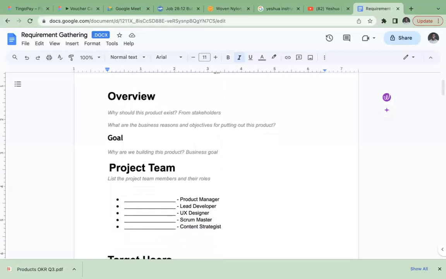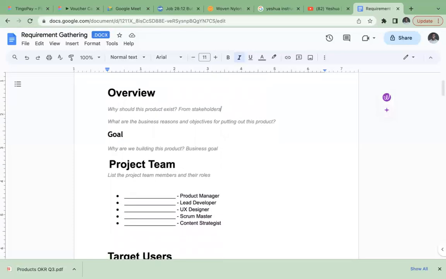Now, you will also need to know your team members, your project team members. So I told you that there are close team members for the product department.